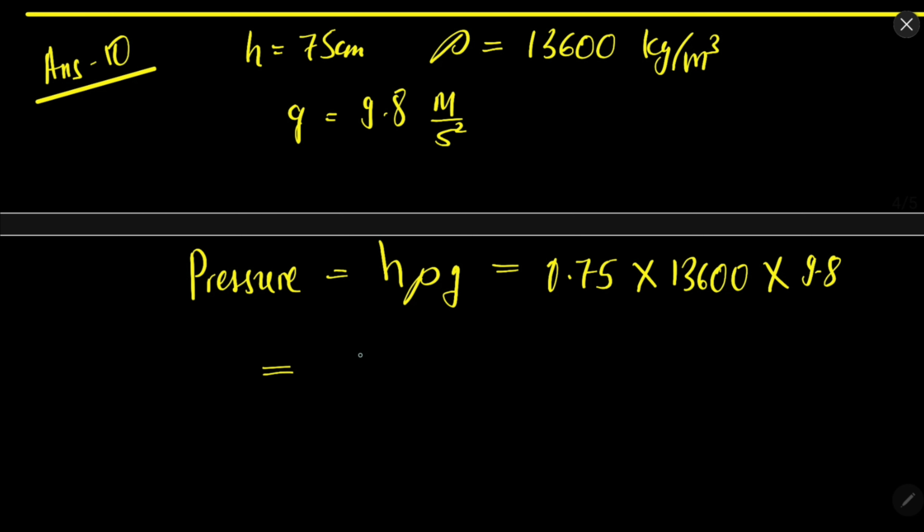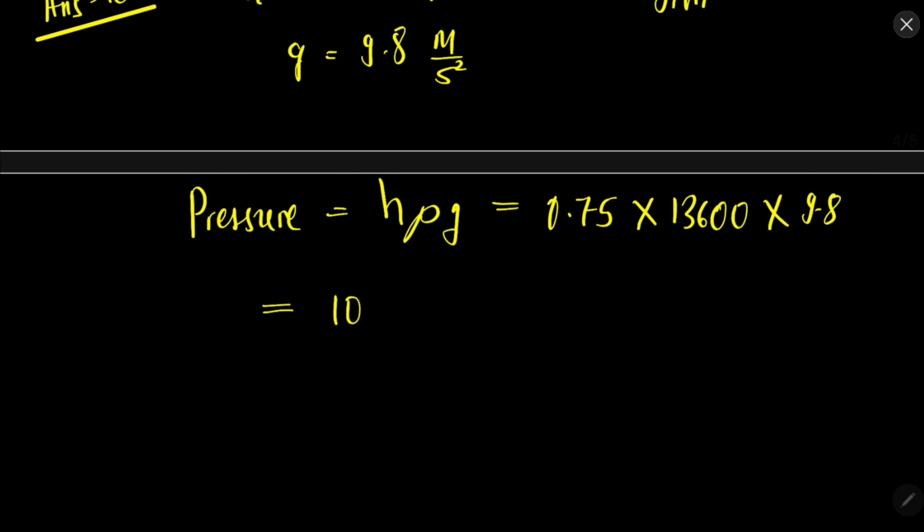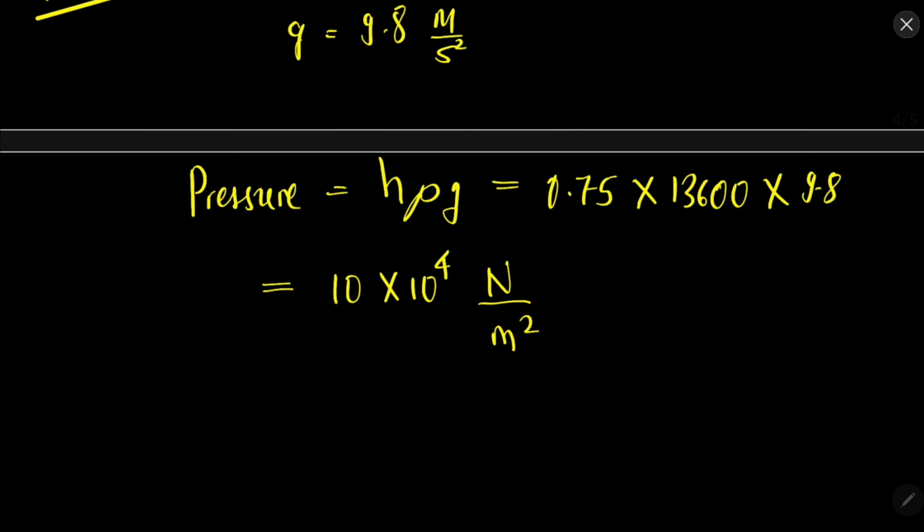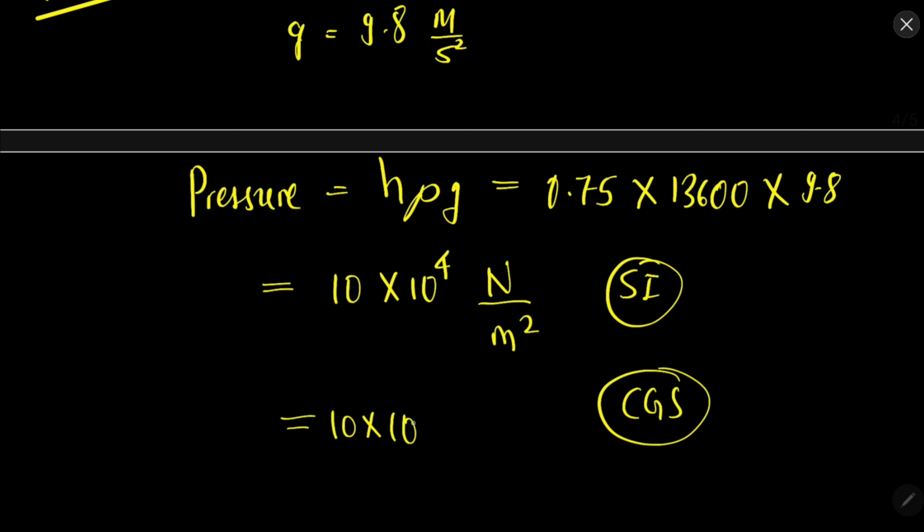So after solving this you will get 10 into 10 to the power 4 and the unit will be Newton per meter square. And this is SI; if you need to find in CGS, that is dyne per centimeter square, then you will get 10 into 10 to the power 5 dyne per centimeter square.